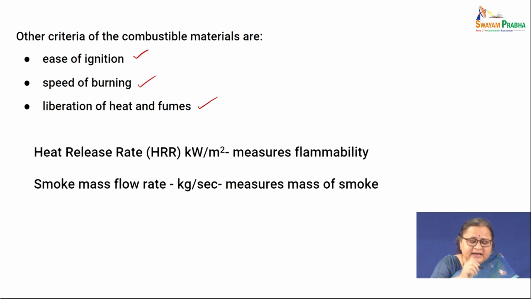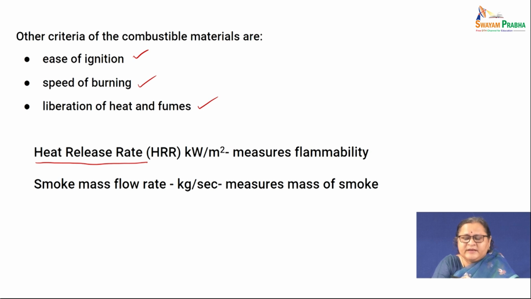Those can be measured through the heat release rate, which is called HRR, again a list of values, in kilowatt per meter square, which measures the flammability of the item.